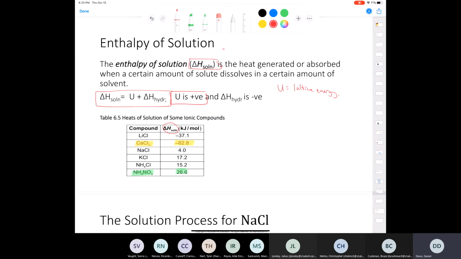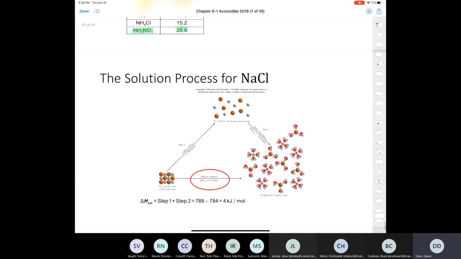Now, when you take those ions that are in the gaseous phase and you surround them by water, or hydrate them, that releases a lot of heat because they become stabilized by their interaction with water. And if you need a picture, because a picture is worth 1,000 words, here's the process that describes the enthalpy of solution for sodium chloride.